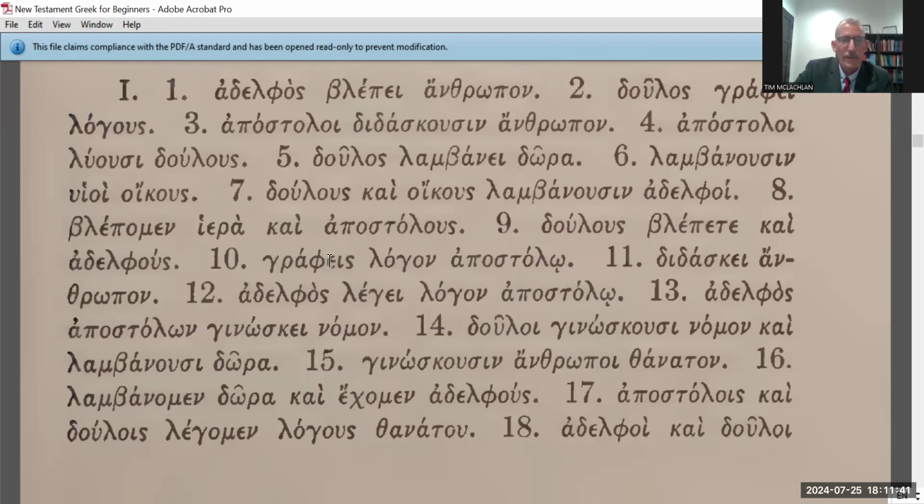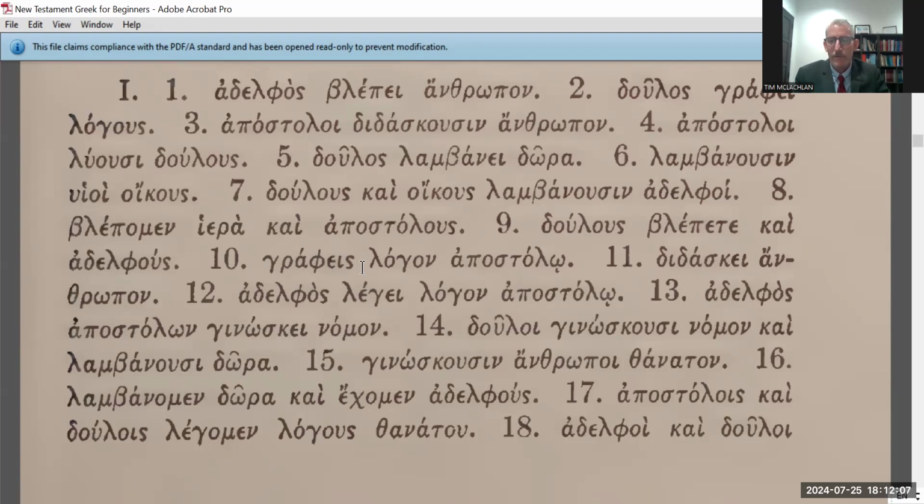Okay, so remember, if you're doing the forms in your head, you would say grapho, I write, graphes, you write, graphe, he writes, graphomen, we write, graphete, you plural write, and then graphusen would be they write. And then you just go through it again.